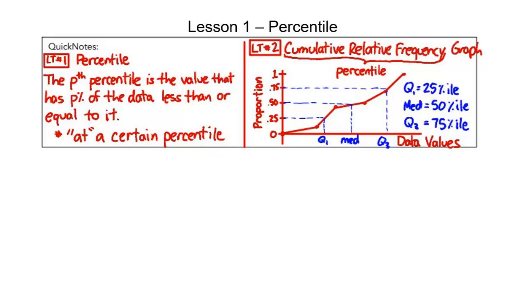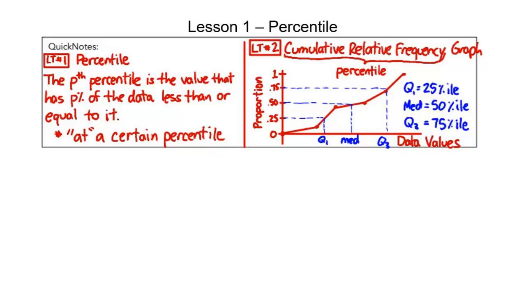So percentile, the number percentile, you put the percent in there, and then you put usually a TH unless it ends with a 1, 2, or 3, right? First percentile, second percentile, 13th percentile is the value that has that percent of data less than or equal to it.